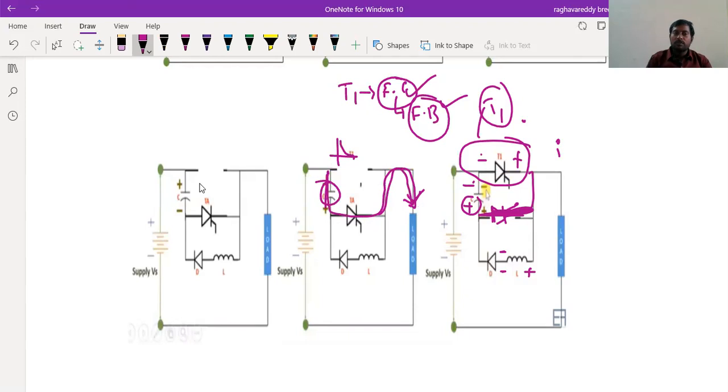Again it will be charged from positive to negative, and if it is charged from positive to negative, negative is applied here, so that the auxiliary thyristor will be turned off.